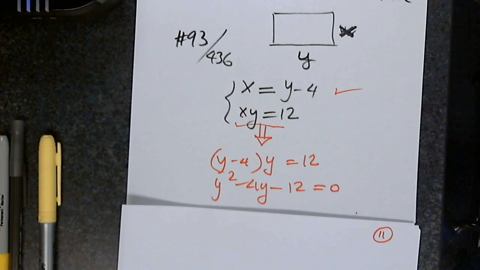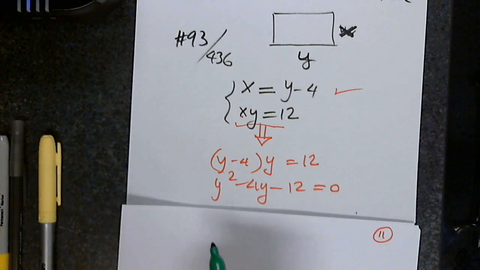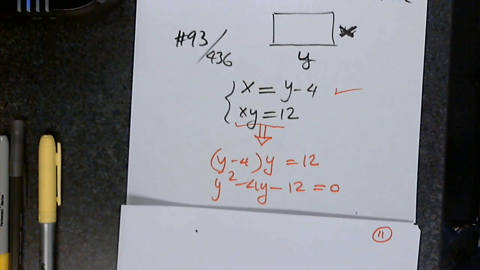And now negative 12, very good, and they are 6. Wonderful.